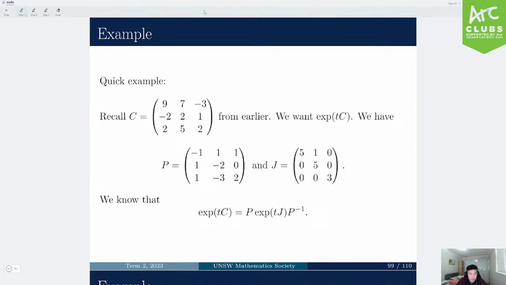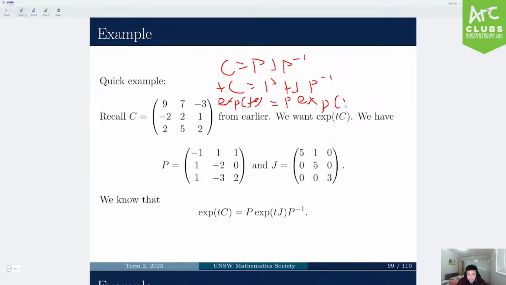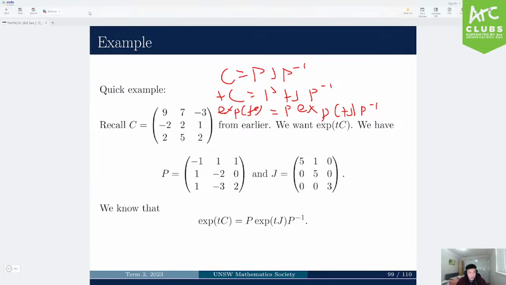We know that we can write C as P J P inverse, and from one of our lemmas previously, we have tC is going to equal P tJ P inverse, and so if we take the exponential of tC, we can just put this into the exponential of tJ directly. Okay, and we get this, right? So to calculate the exponential of tC, we just need to calculate the exponential of this Jordan matrix here.